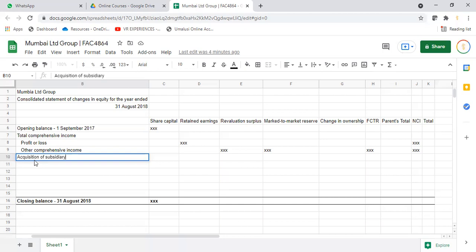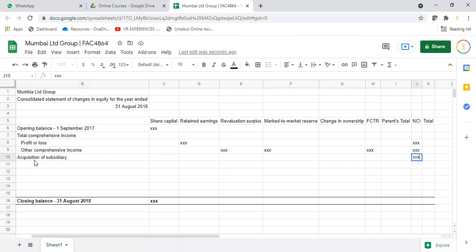Acquisition of a subsidiary relates to a situation where the company acquires a subsidiary in the current financial year. So you will only have that line item if the company acquires a subsidiary in the current financial year. Then it will only impact NCI.